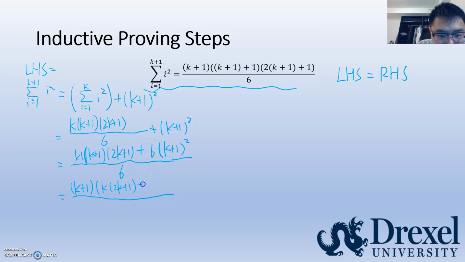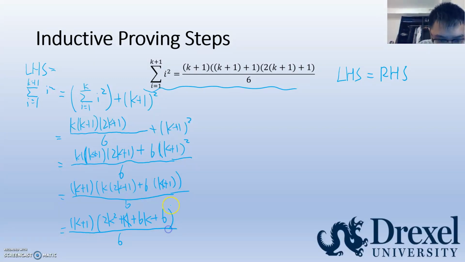What I left behind here is k times 2k plus 1, plus 6 times k plus 1. And here I want to open the parentheses for the second part of the numerator. Now here I want to open the parentheses here. That's 2k squared plus k, plus 6k plus 6.